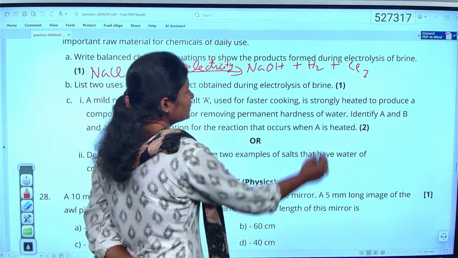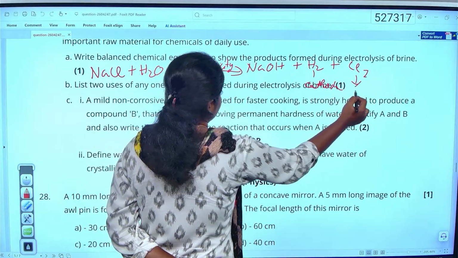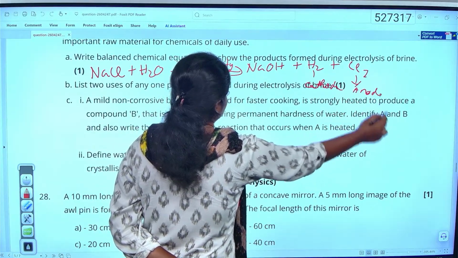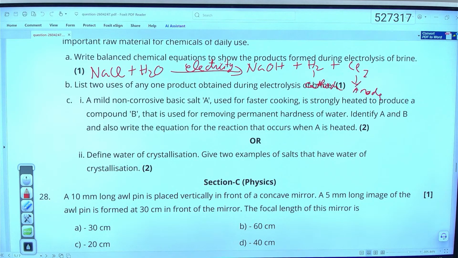H2 will be deposited at the cathode, Cl2 at the anode, and NaOH forms near the cathode. This process is also called the chloralkali process due to the formation of chlorine and alkali.